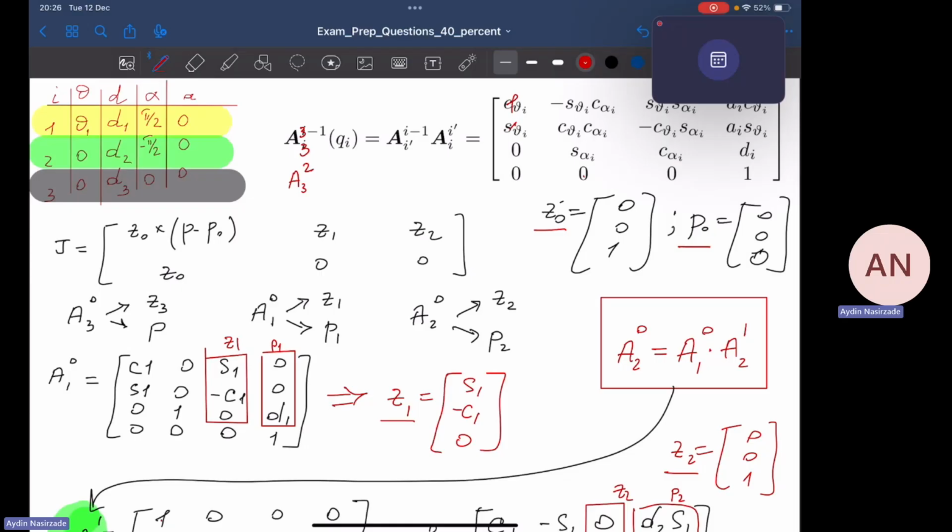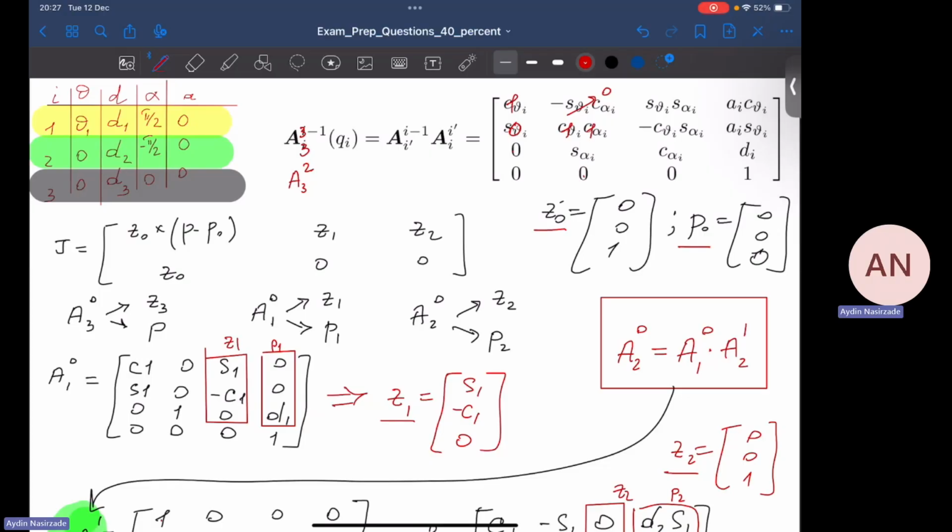So theta 3 is 0. That's why this is going to be 1. This is going to be 0, 0, 0. Then minus sine of 0 gives us 0, so it's gone. So cosine of theta 3, 1, times cosine of alpha 3, which is 0 as well. It's going to be 1 as well, 1 times 1.